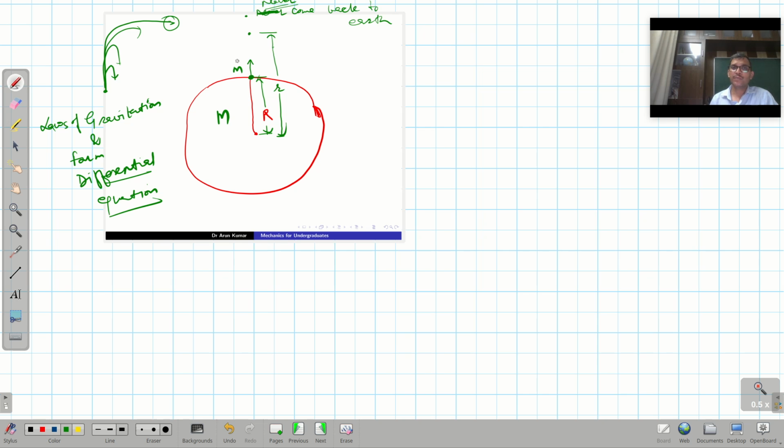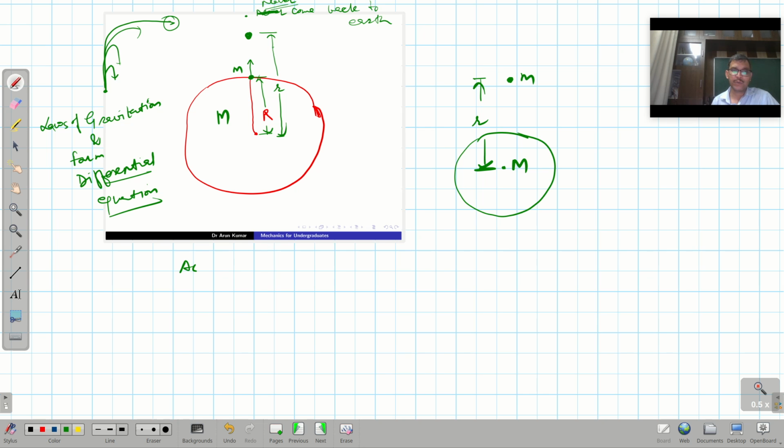So if this object is at this point and earth is somewhere here, and its mass is capital M, and the object's mass is small m, and both are at a distance r apart from each other, then what is the force between these two mass objects?